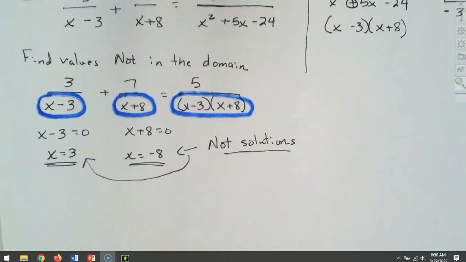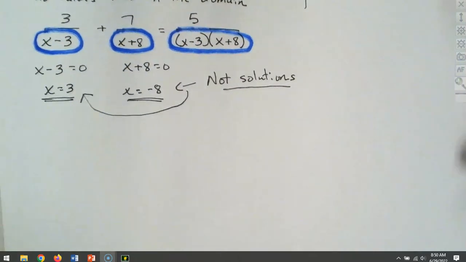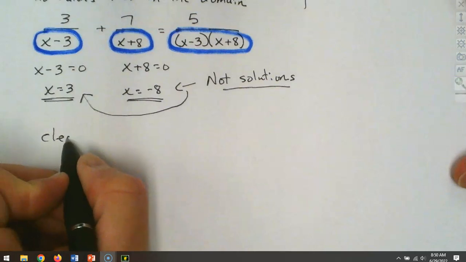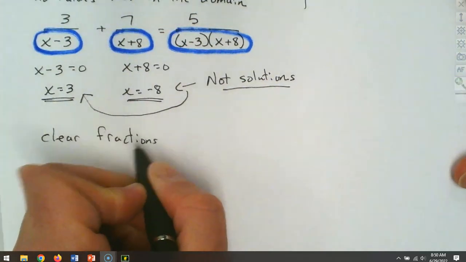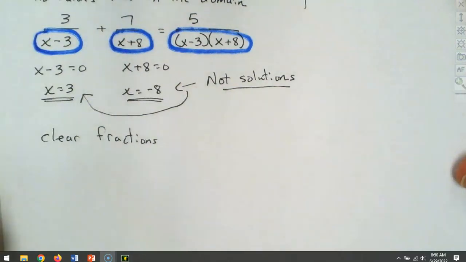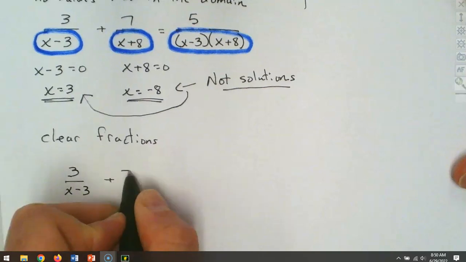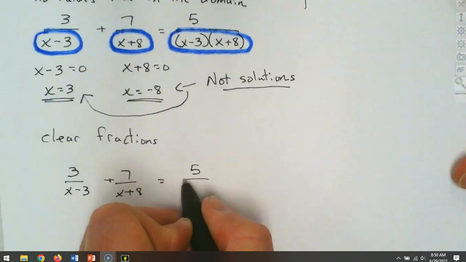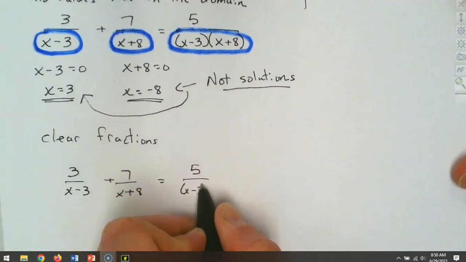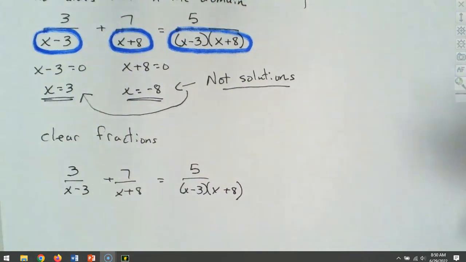Now, once we figured out what numbers cannot work, and that step is over, then what we do is we clear the fractions. So we're going to go ahead and clear these fractions out. And we look at them as a whole and we see what we need.